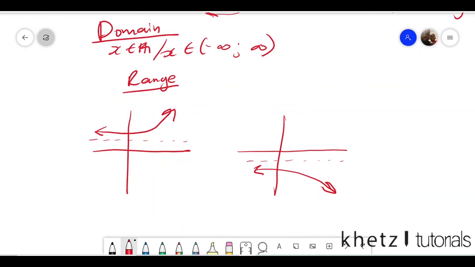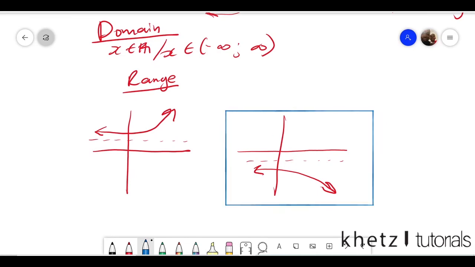The main thing here is whether the graph is above or below, because even if we had an increasing function here, what I'm about to say would still apply.